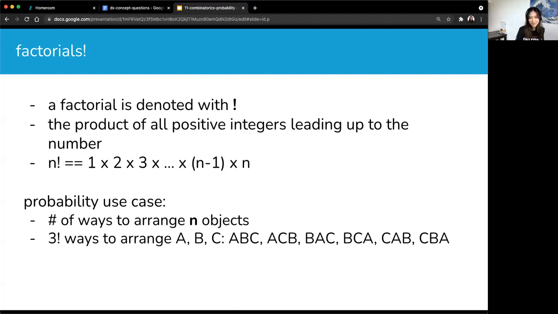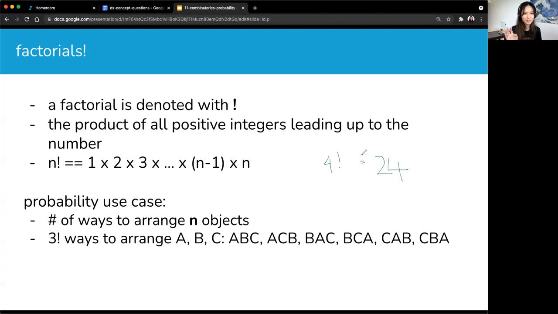Mathematically, it is the product of all positive integers leading up to the number. So n factorial is the same as 1 times 2 times 3, all the way to times n. If you had 4 factorial, it's 24, because it's 1 times 2 times 3 times 4, which gives you 24.